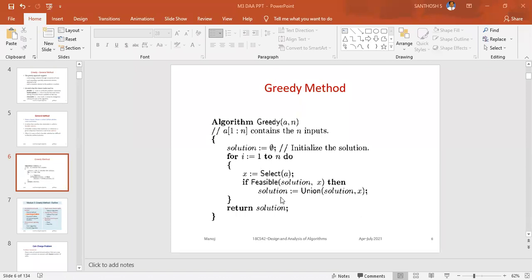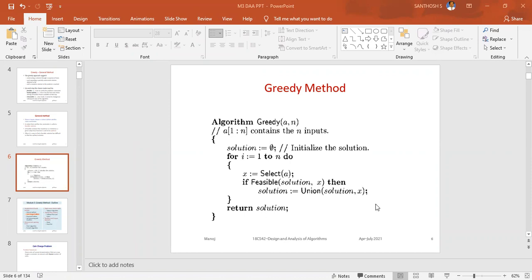If you are placing all the feasible solutions, the minimum one is only one solution, and the maximum one is only one solution. So that is what we are returning finally, the optimal solution.